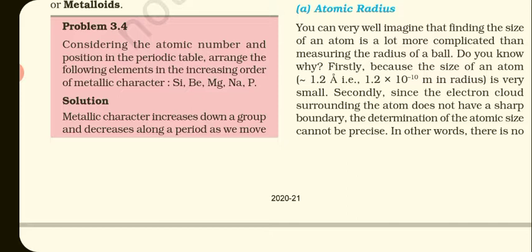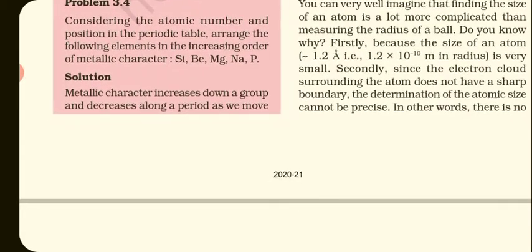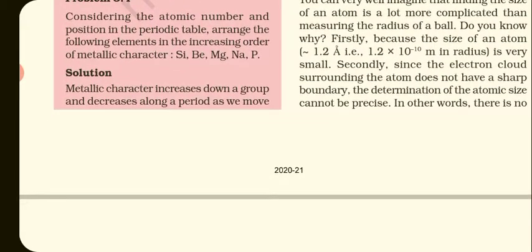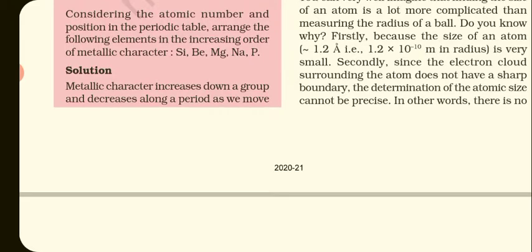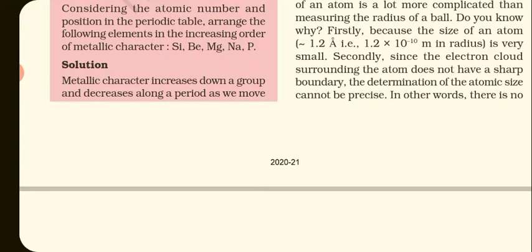As you know, atom is the smallest particle, so finding out its radius or size is very complicated compared to measuring the radius of a ball. Firstly, the size of an atom is about 1.2 angstrom or 1.2 into 10 raised to power minus 10 meter in radius, which is quite small.